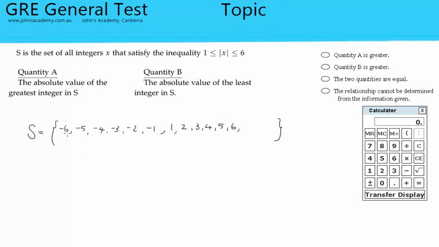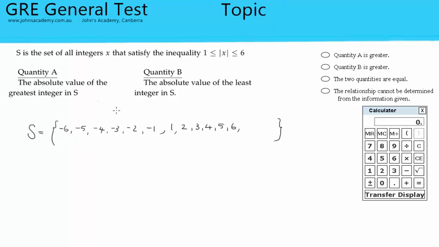And I believe that these are all possible integers that can satisfy this condition. So this question was all about finding this set and what the elements are for this set. Each of these is an element of the set S.